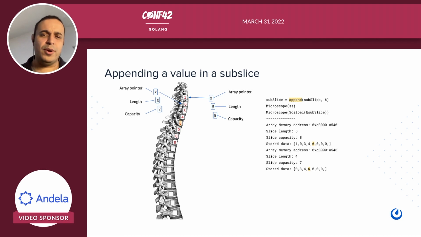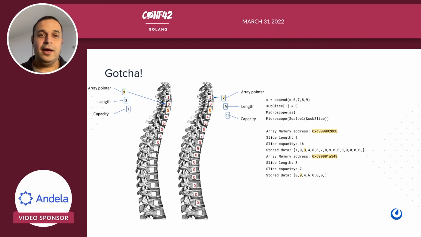So we are overwriting the 5th position in the original array, and we are appending in the slice. So the behavior from the perspective of the original array is different from the behavior of the subslice. As you can see there, the value 6 is affecting both the subslice and the original slice.